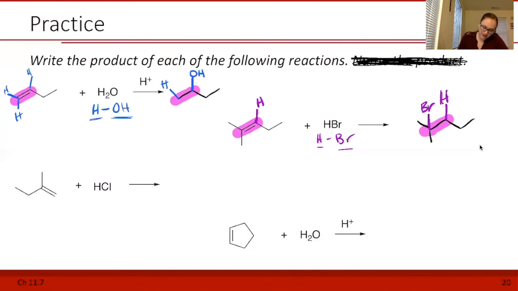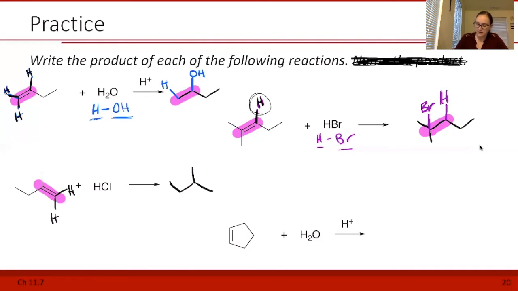Great job. Okay, let's keep going. I'm going to highlight here my alkene. Draw out my same carbon chain. Let's write in our hydrogens. I kind of want these to be black, just so we're clear which hydrogens are which in the product, that this hydrogen here is a different hydrogen than this one.